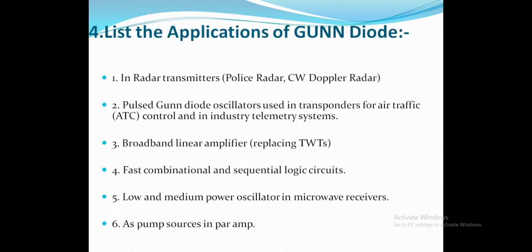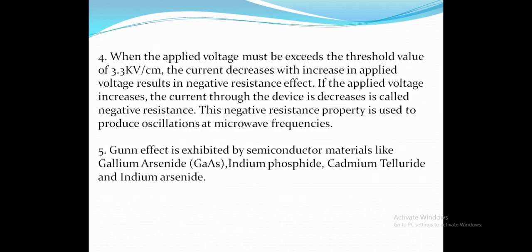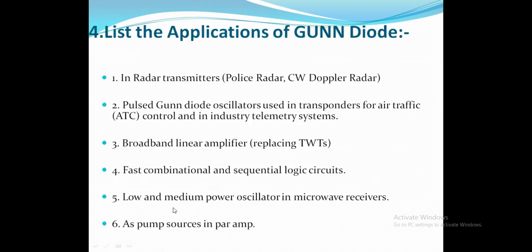Next, the applications of the Gunn diode. We use it in radar transmitters, such as police radars or CW Doppler radars. Pulsed Gunn diode oscillators are used in transponders for aircraft, that means air traffic control, and in industry telemetry systems.